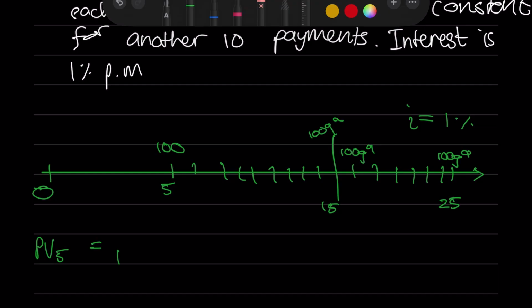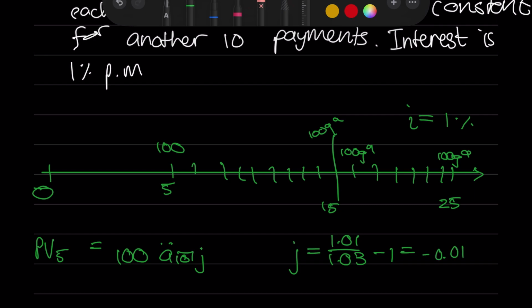That's going to be, we're starting with 100. Those are in advance, that was stated. There's 10 payments at growth J because they're growing. So J, we already spoke about the formula of that. Pop that in the calculator. Cool.